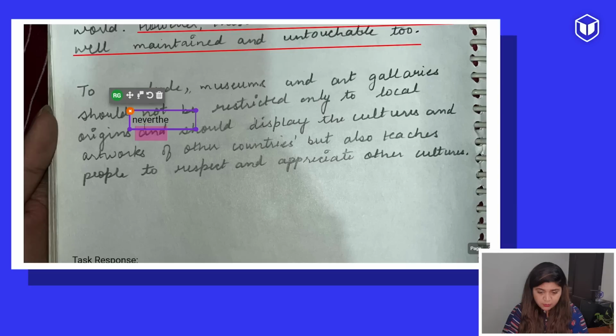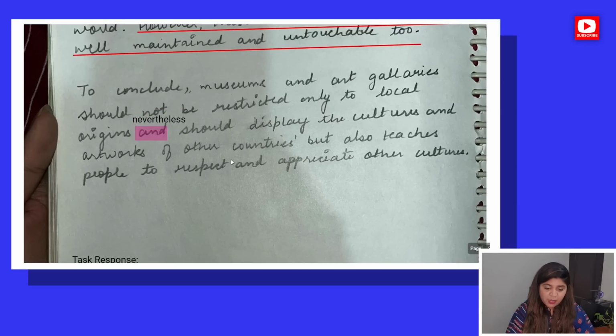It should be nevertheless should display the cultures and artworks of other countries, but also teaches people to respect and appreciate other cultures. The student is using but also, a wrong usage of conjunction. It should be not only but also, but nowhere is it mentioned here. Nevertheless should display the culture. People should respect and appreciate other cultures.